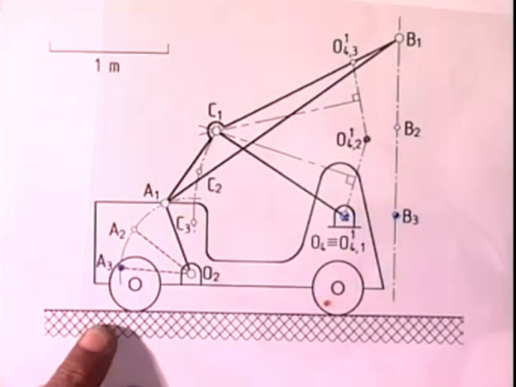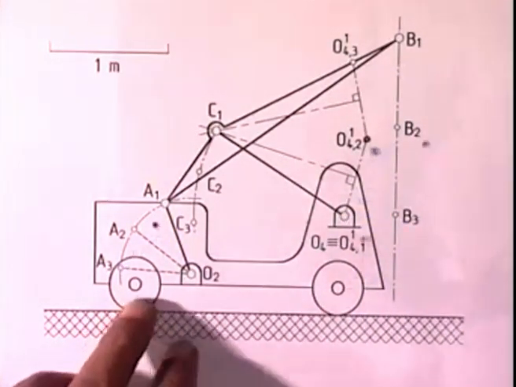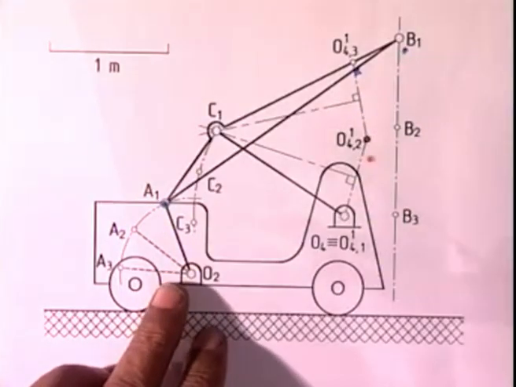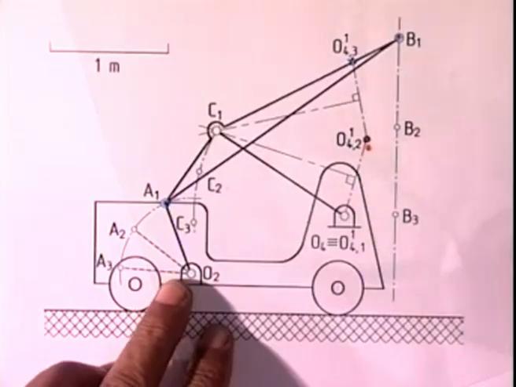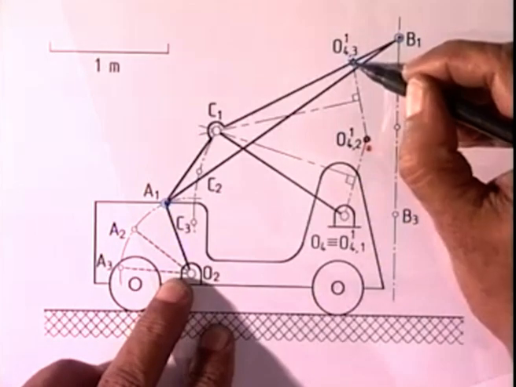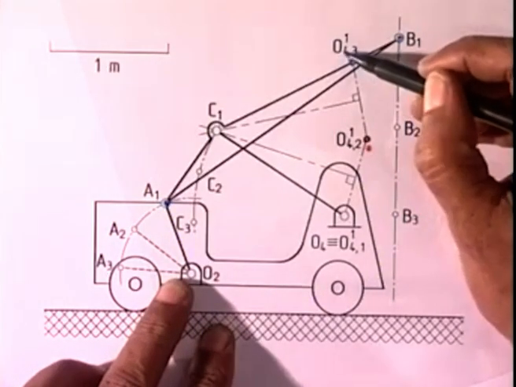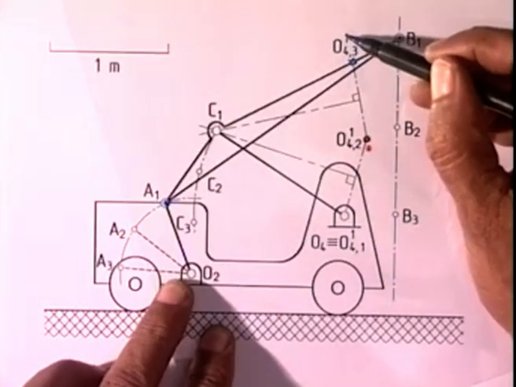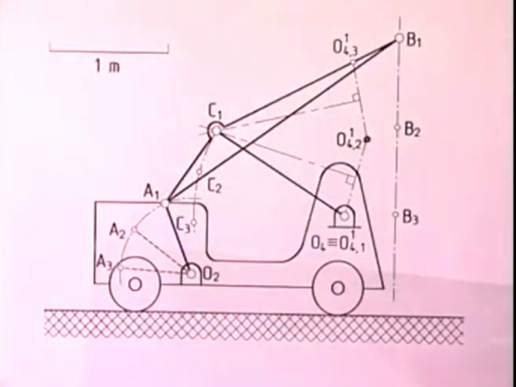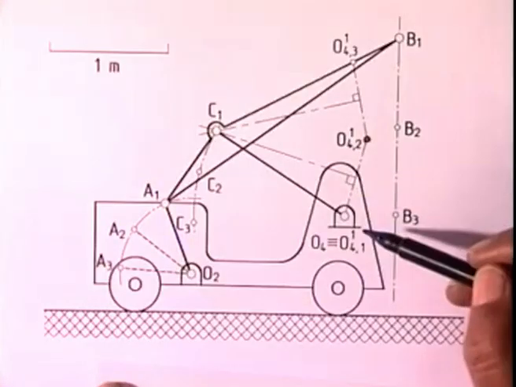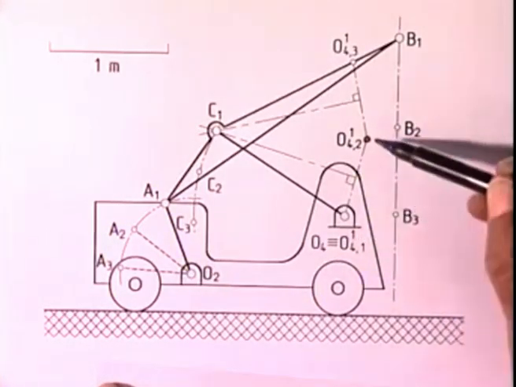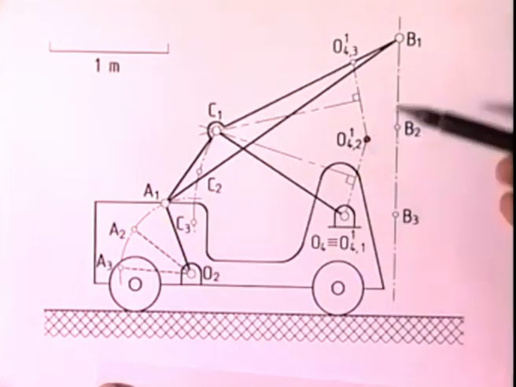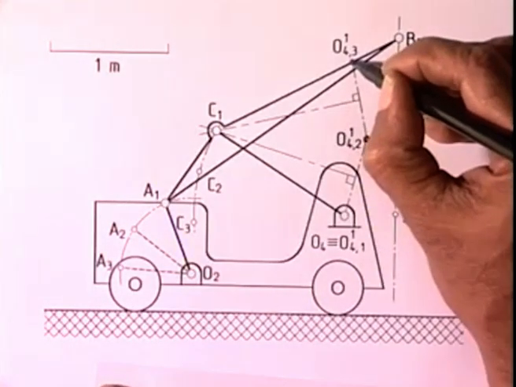These are the relative positions, but inverting on the first position, A3, B3 coincides with A1 and B1 respectively. And wherever O4 goes, it has come here, that point I call O4, 3, 1. So this way we have obtained the 3 inverted positions of O4, which are O4, 1, 1, O4, 2, 1 and O4, 3, 1.